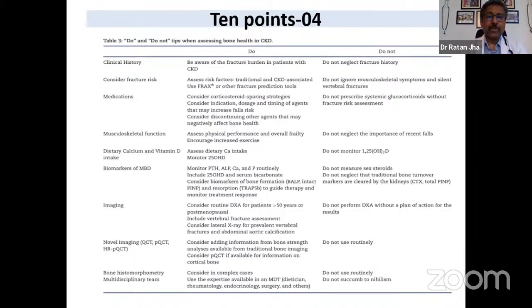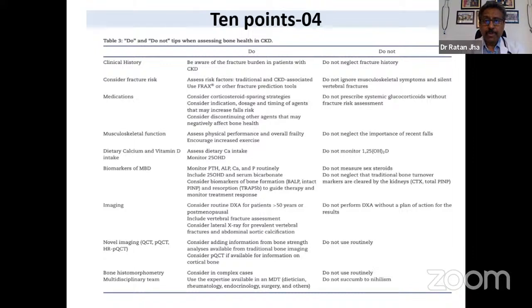Medications which are bad for bone health should be excluded from the therapy if possible, particularly with corticosteroid-sparing strategies whenever possible, like in a patient of SLE on long-term therapy. Consider the dose, indication, and timing of agents that may increase fall risk, like gabapentin in the elderly. Consider discontinuing drugs that may negatively affect bone health, basically steroids and diuretics.